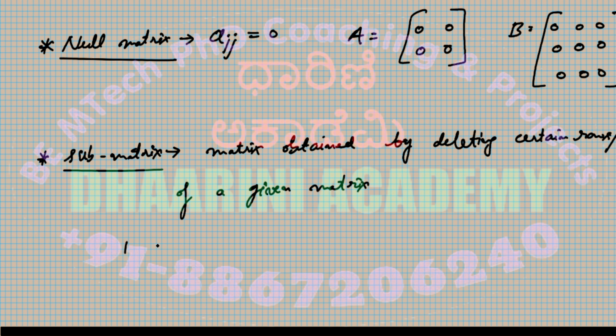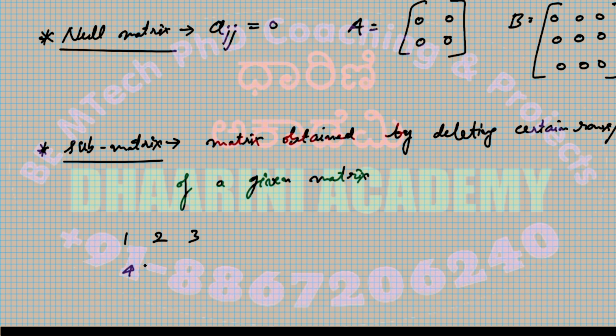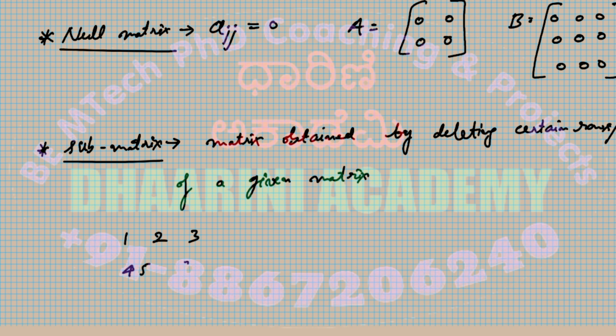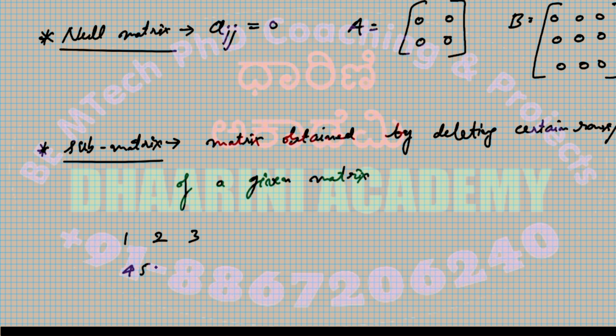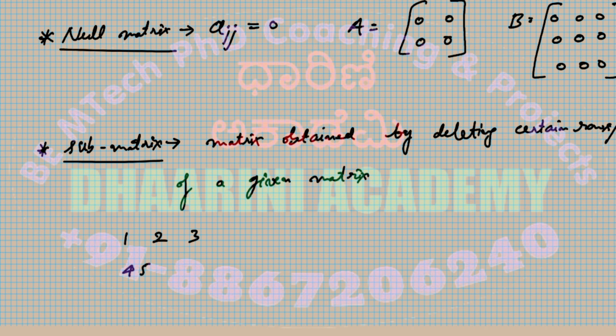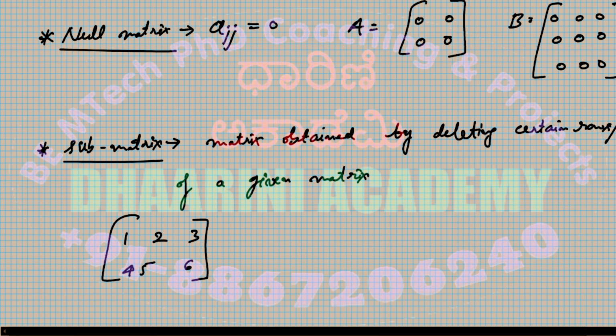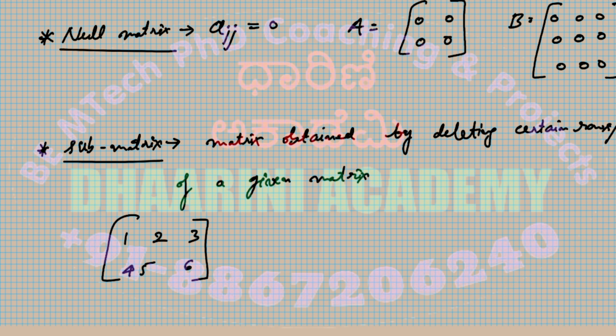For example, if I write 1, 2, 3, 4, 5, and 6. If I write a matrix like this, then I can write a submatrix of this.